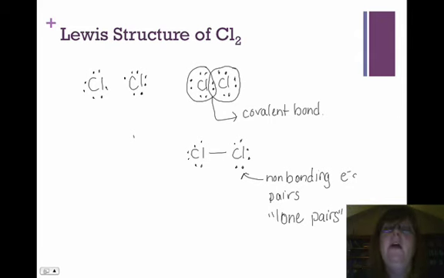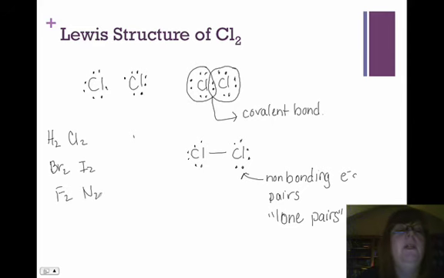All right, now the other diatomic molecules. So we did hydrogen, and now we've done chlorine, but there's bromine, and there's iodine, and there's fluorine, and there's nitrogen, and there's oxygen. Well, the chlorine, bromine, iodine, and fluorine are all in the same family. They are all halogens, and so they all have the same number of valence electrons.